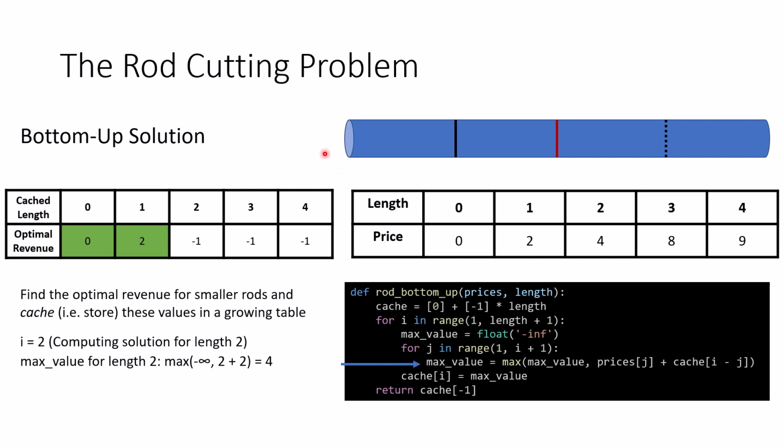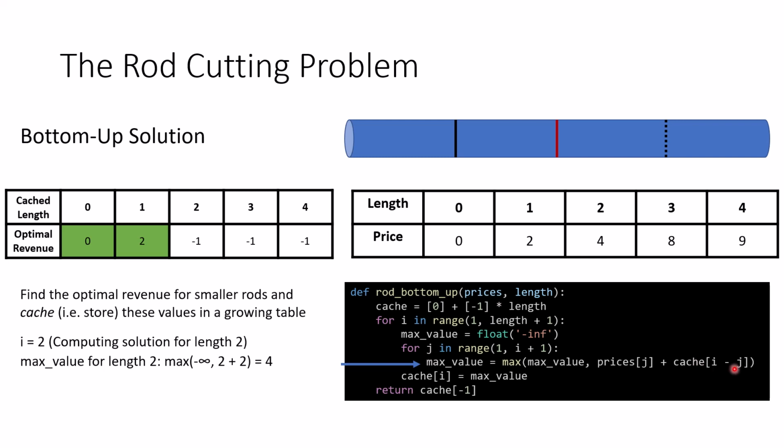So that's going to be this section right over here. That's this prices term. That's going to have a price of 2. And then we're also going to consider the remainder of the rod, which is going to have an optimal revenue of cache of i minus j, which is going to be just 2 minus 1, because we start off at 1.